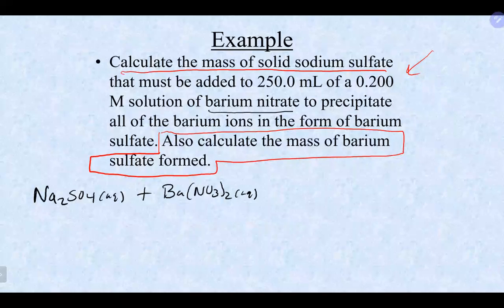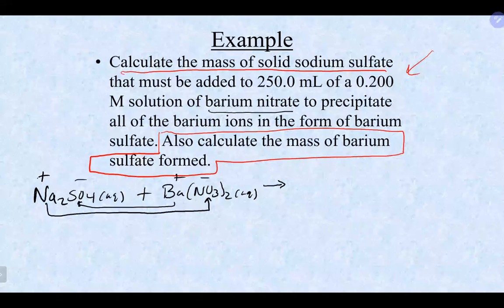We should recognize this as what type of reaction? This is a double displacement reaction, right? Positive, negative, which means the positive ions are going to switch partners. So we're going to get this on the other side of the arrow, and we want to get the right formulas.